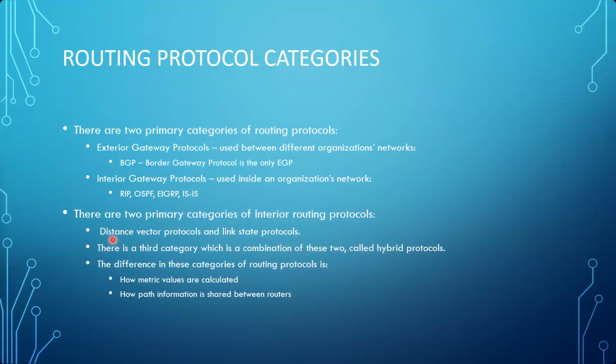Now, here's what you need to know about distance vector. Look at the words distance vector. Distance vector means I'm going to choose the pathway, the vector, aka direction, I'm going to go based on the distance from me to the destination.